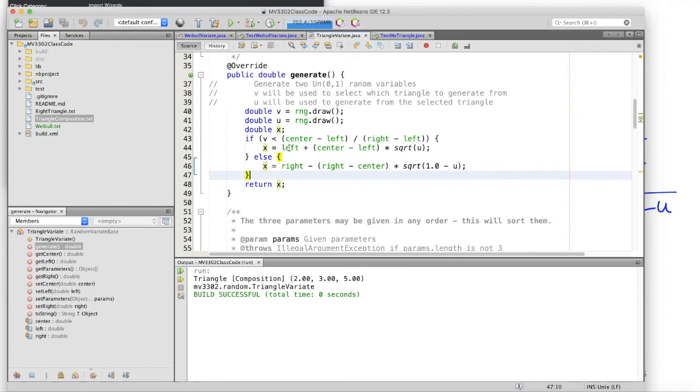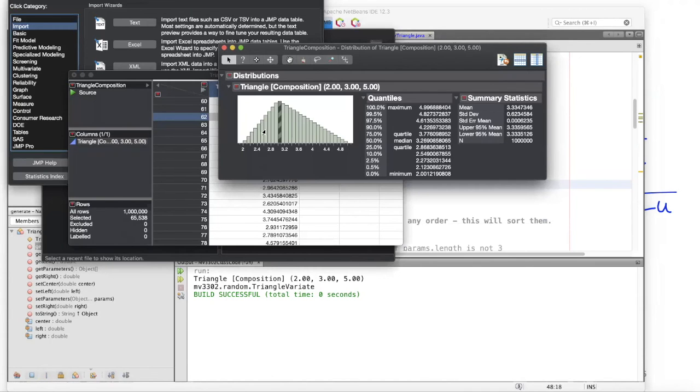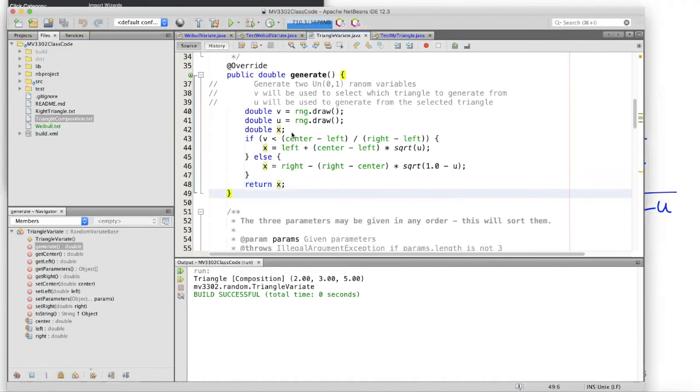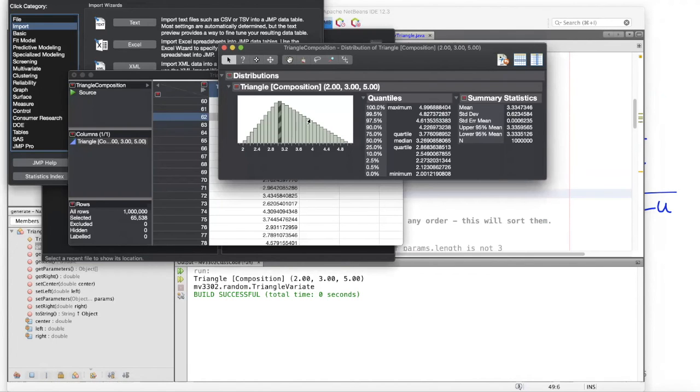I guarantee you that most of you, and certainly not me, would be able to tell that the shape is going to be this triangle. The only way that I would be able to do it is the fact that I know that that's the case. But if I didn't know, I would never in a million years guess that that's what the shape would be. And yet that's what it is.